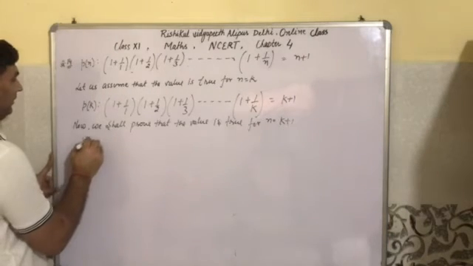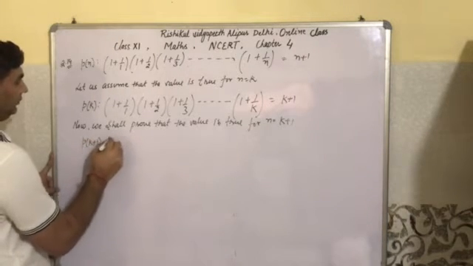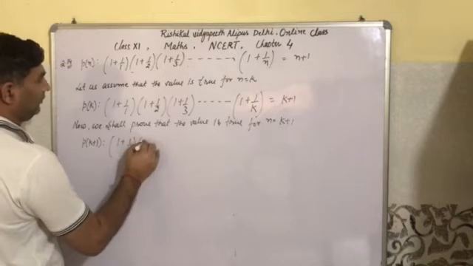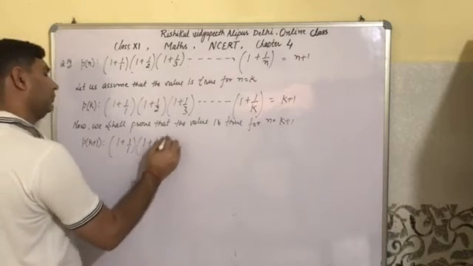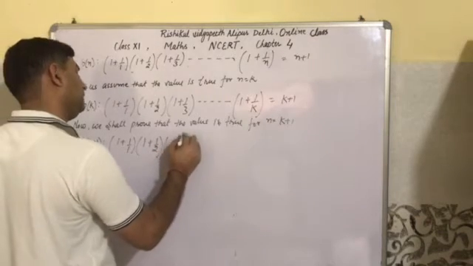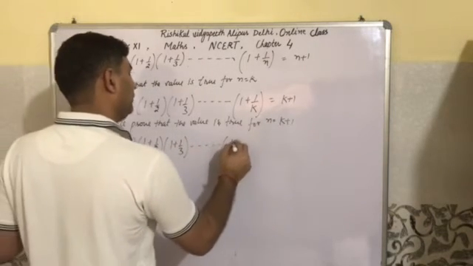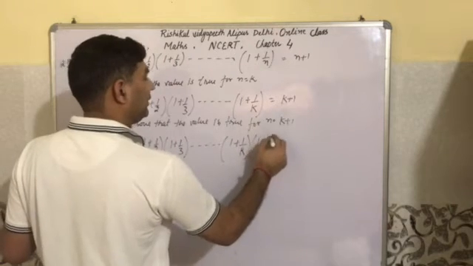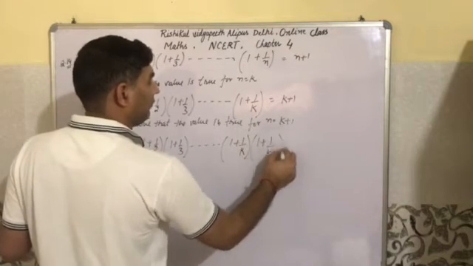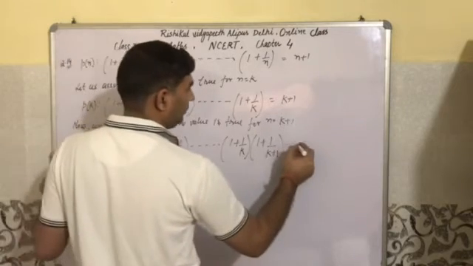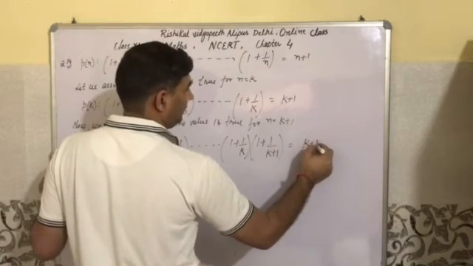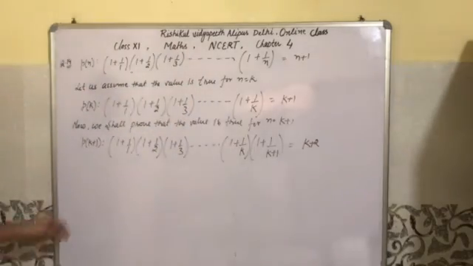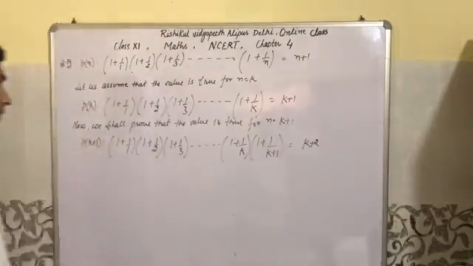Then P of k plus 1: 1 plus 1 by 1 into 1 plus 1 by 2, 1 plus 1 by 3 and so on up to 1 plus 1 by k and 1 plus 1 by k plus 1 is equal to k plus 1 plus 1, that means k plus 2. हमें प्रूव करना है this value is k plus 2.